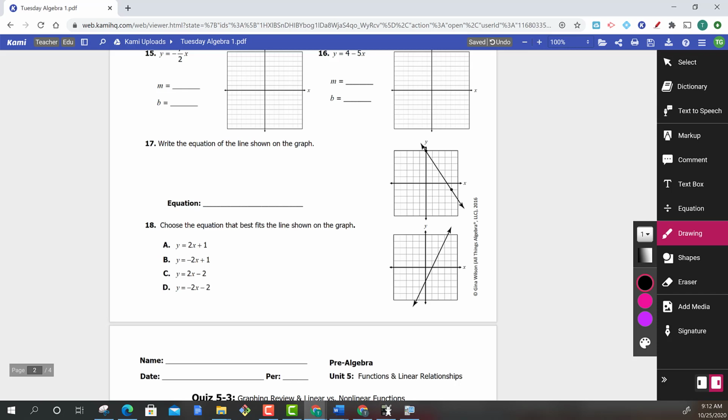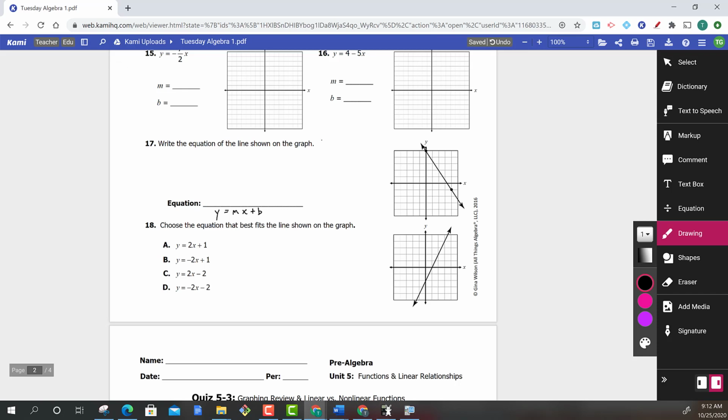All right, and then finally number 17 says write the equation of the line on the graph. So again, we want to write the equation in slope-intercept form. So we need obviously two things.